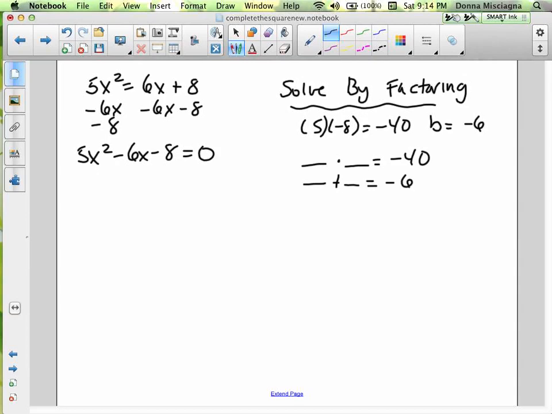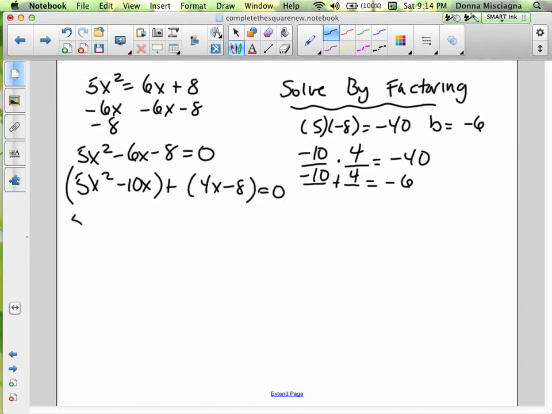They are negative 10 and 4. Sometimes my hand isn't listening to my brain. Negative 10 times 4 equals negative 40, and negative 10 plus 4 equals negative 6. So now we have 5x squared minus 10x, then group, plus 4x minus 8 equals 0.